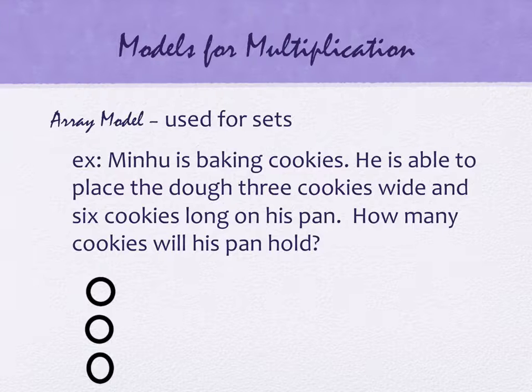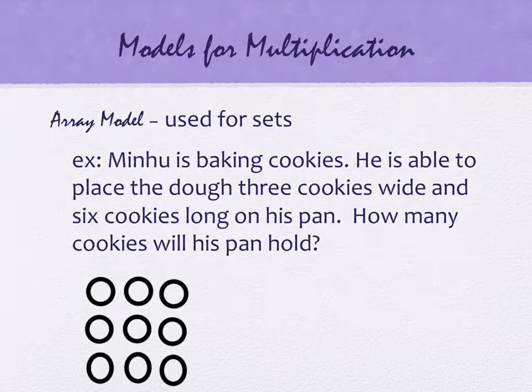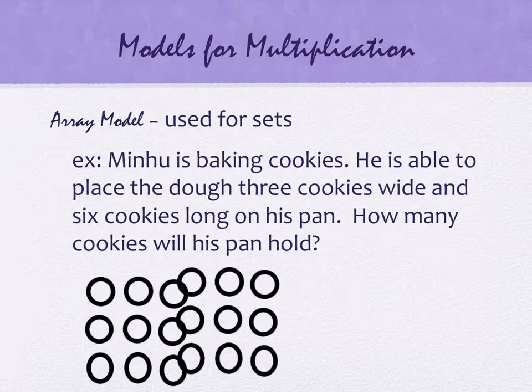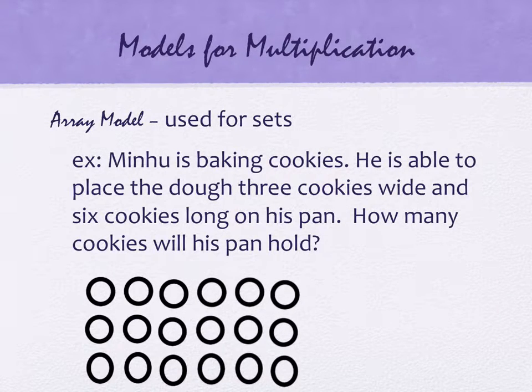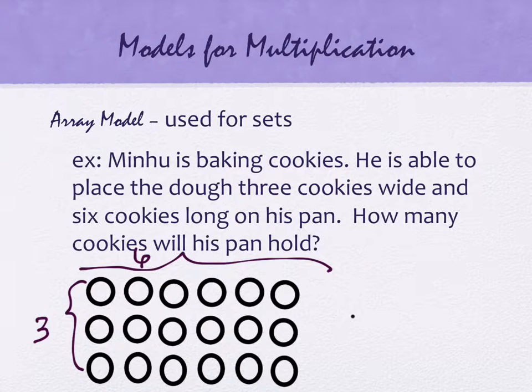So here's my second set next to it, my third set, so I have 6 wide or 6 long either way, and then the other dimension is 3. So 3 by 6, right? If we were to count them all up, we would recognize that 6 3 times or 3 6 times, however you want to think about it, gives me how many? 18 cookies.